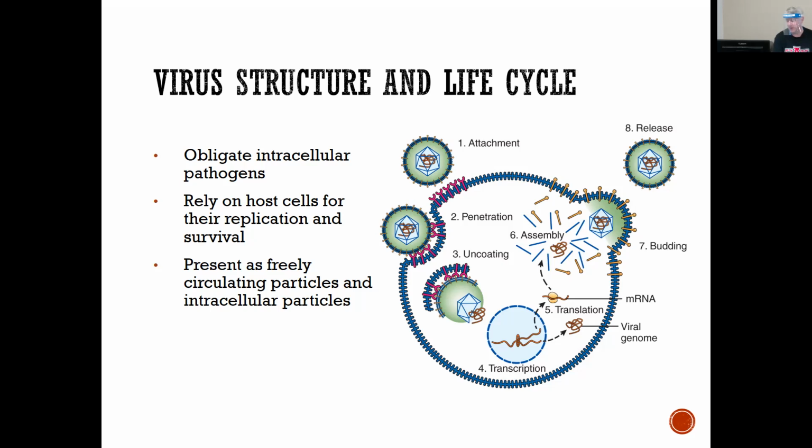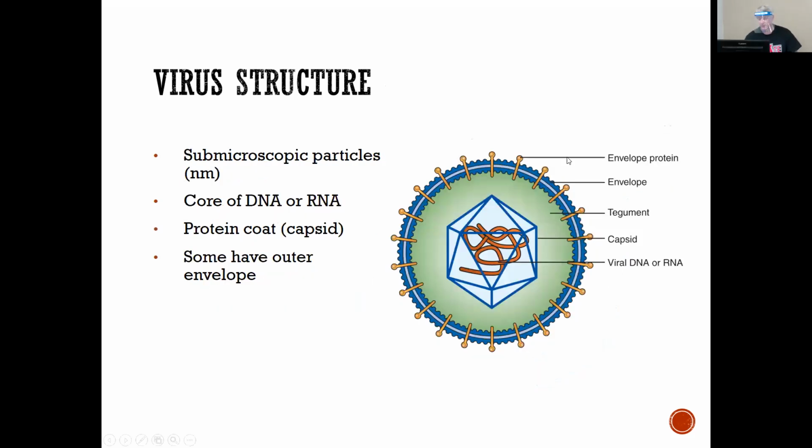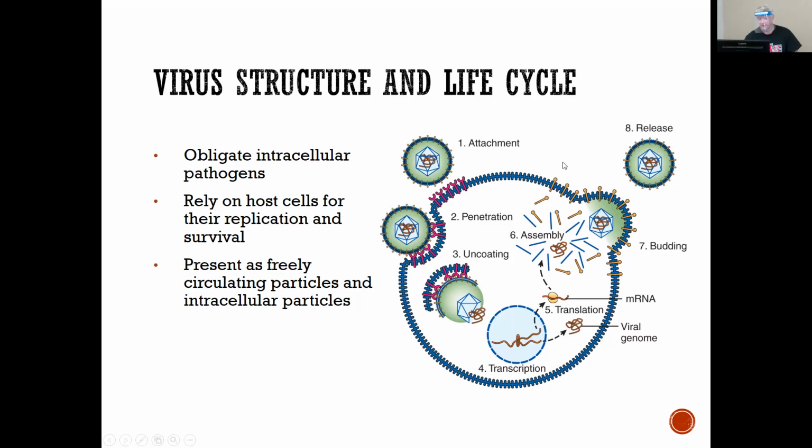Okay, so we're going to go through that process. We'll talk a little bit about it. But as you see, there's attachment. So they have a way, that external what? These envelope proteins link to the host cell's membrane. They have that receptor, and they link, and then they're taken in. They invade the cell.